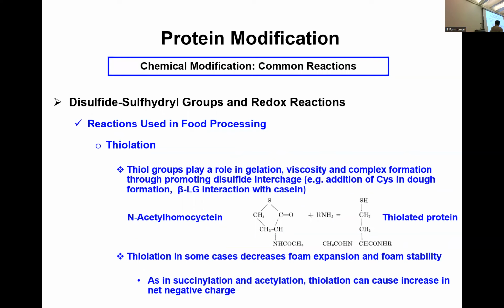Again, a chemical reaction where you add a compound that has a sulfur group, it reacts with the amine group of the protein, and then gives you a product that has a sulfide group to enhance potential disulfide interchange. So thiolation can also increase negative charge because it's reacting with an amine group.